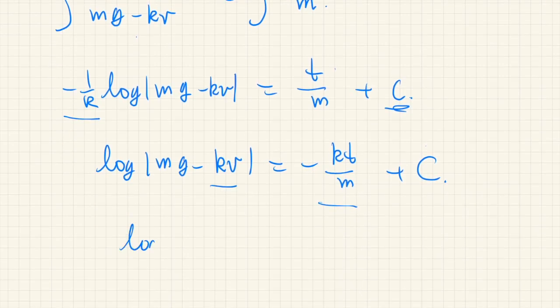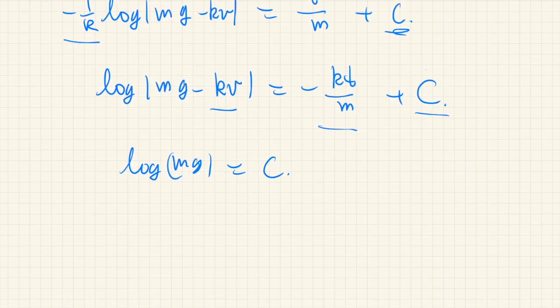So that means log of mg is equal to the constant c. Okay, so the constant c is this, and let's take the exponential function of both sides, and mg minus kv is exponential of negative kt over m. And since c is log of mg, so that is times mg.